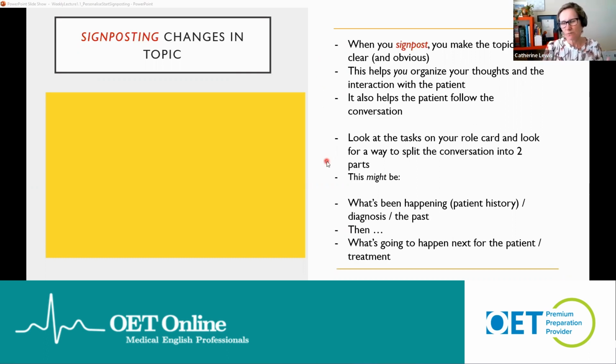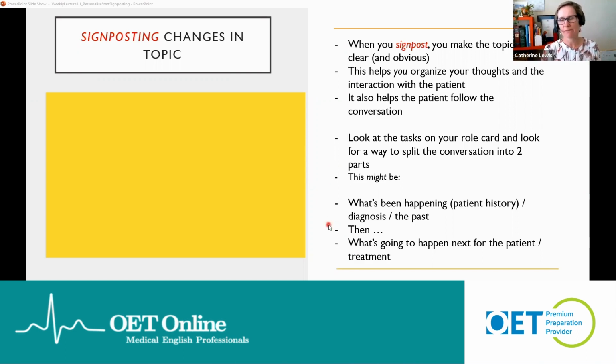We can apply this technique. It doesn't always work for every role card, but you can think about how you could split the whole role play into 2 parts. Sometimes, for example, it's about finding out what's been happening from the past until now with symptoms.